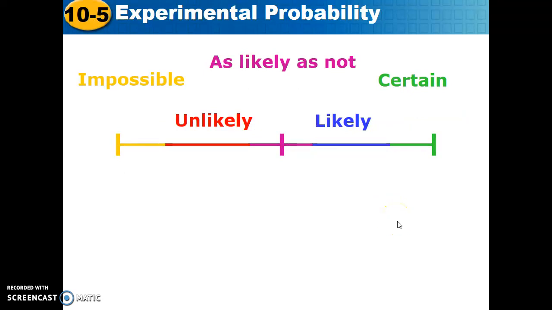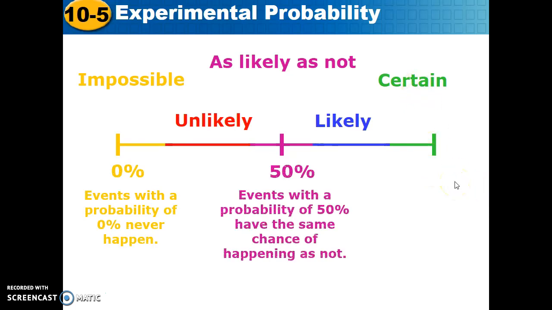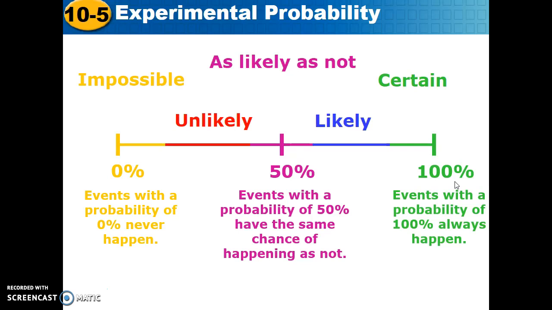If we don't have the exact number for it, we talk about impossible, unlikely, halfway in the middle, as likely to happen as not, anywhere right of 50% is likely, and if we are talking about the 90s to 100, it is certain to happen. And there you can see those explained.